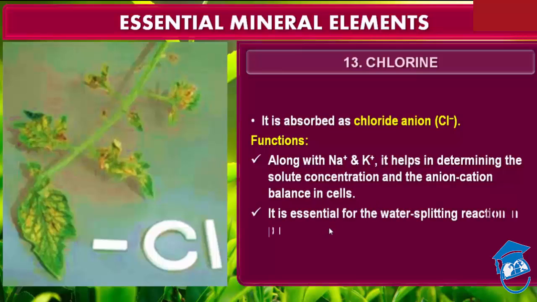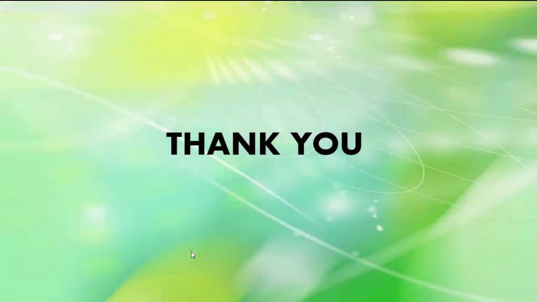It is essential for the water splitting reaction in photosynthesis that leads to oxygen generation. So this is the main function of chlorine, and this is the plant with chlorine deficiency. So this was all about the micronutrients.